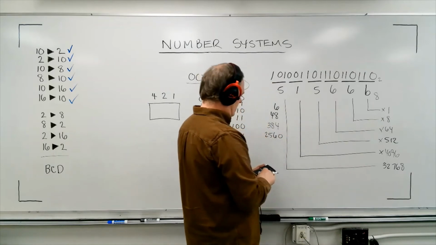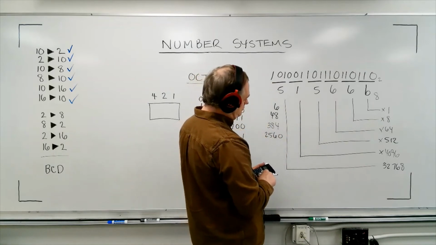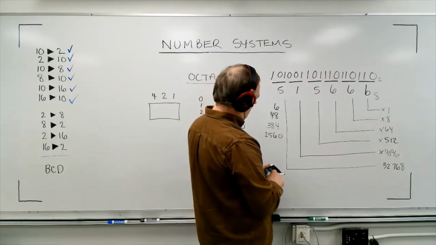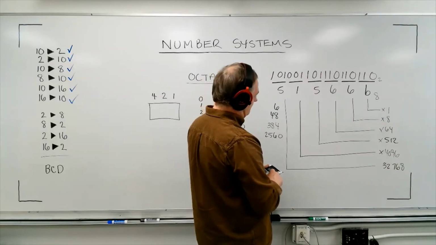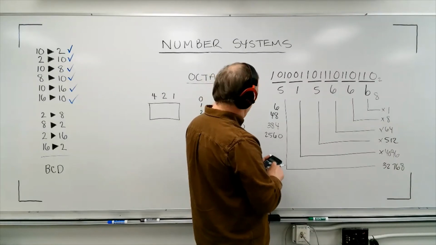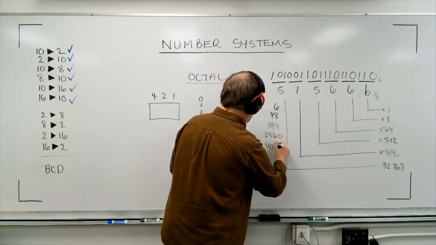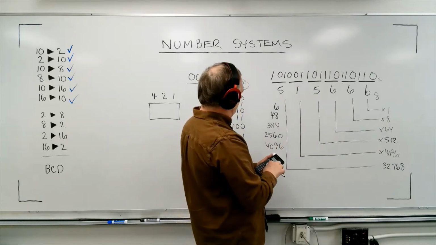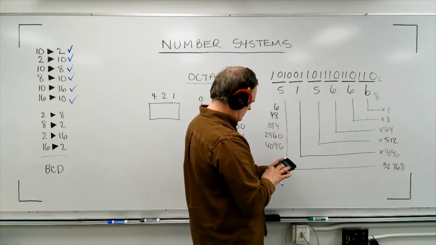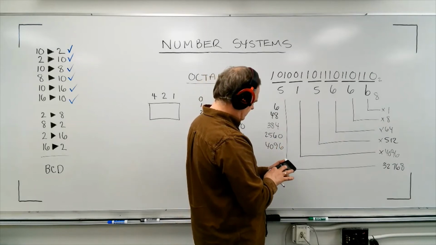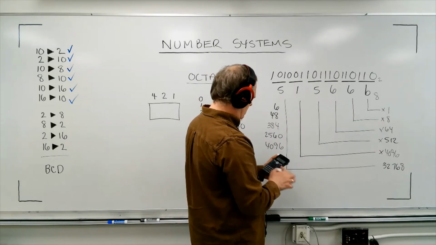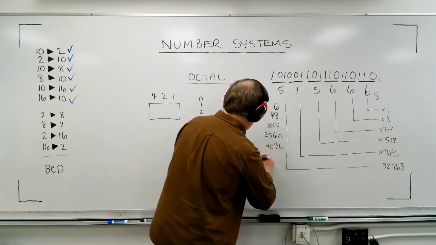Now I have 4096 times 1, so that's just going to be 4096. And then I have 5 times 32,768. And that's 163,840.